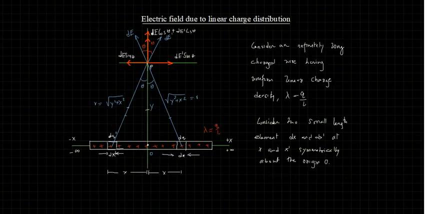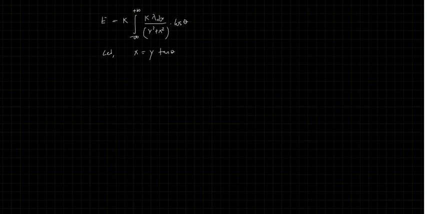Now let x equal y tan theta. Remember, y is constant here, that's why we are substituting. x is not constant because x keeps increasing, and as it increases, theta also increases, but y remains the same. So if I differentiate x equals y tan theta, I get dx equals y sec square theta d theta.